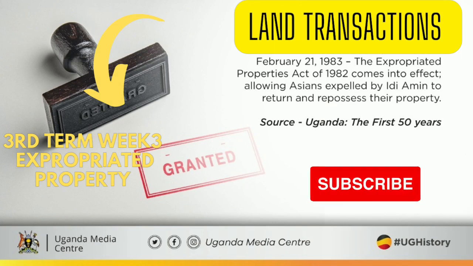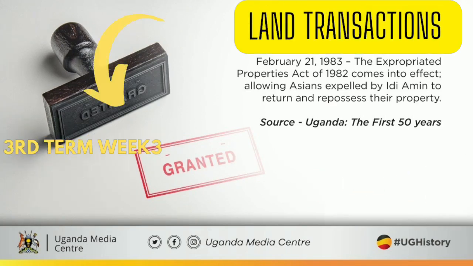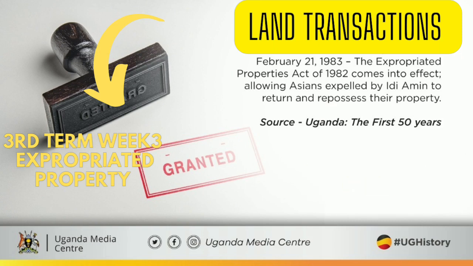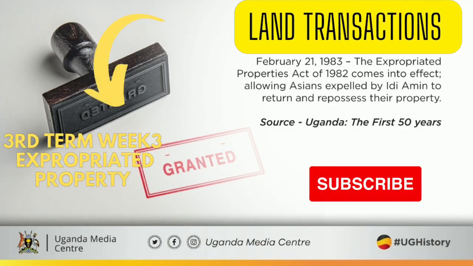So where property is vested in the government, either by way of declaration or through other means that the government could afford, then that property is expropriated. Any question on what amounts to expropriated property?